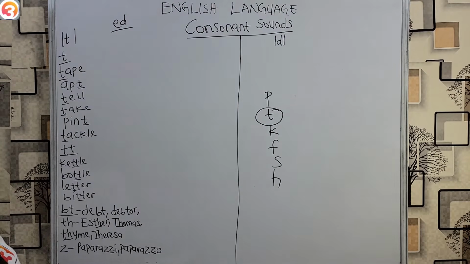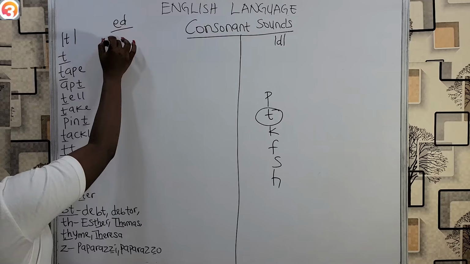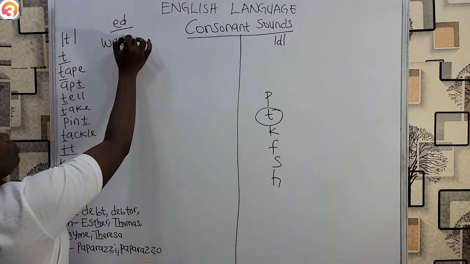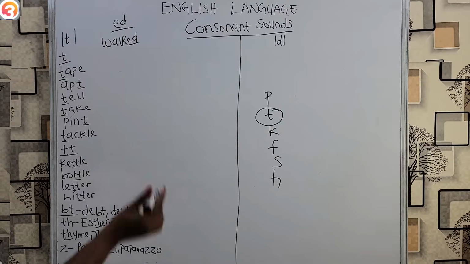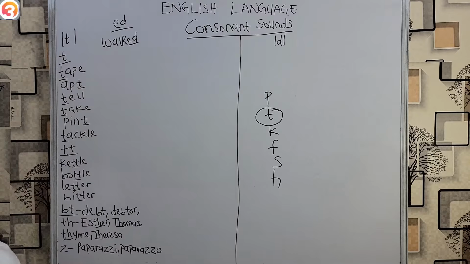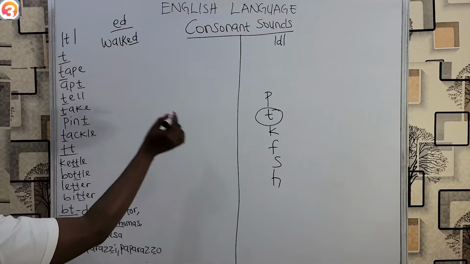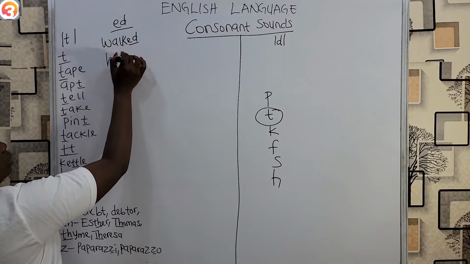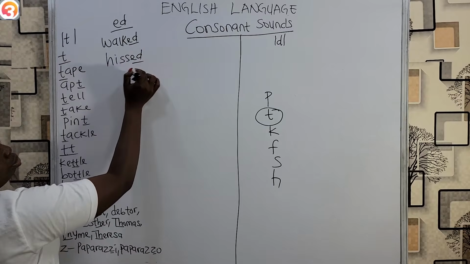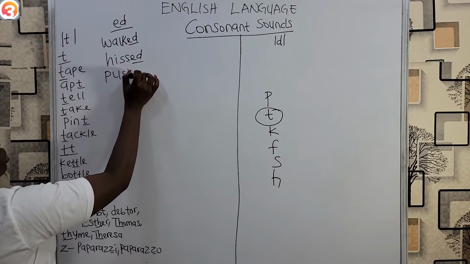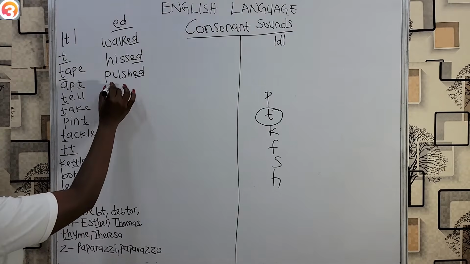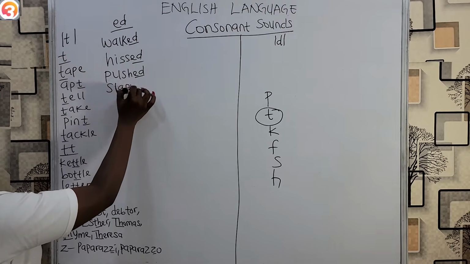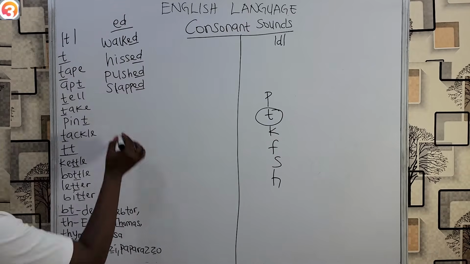For example, we have walked. The ED there, this isn't pronounced walk-ed, but walkt. So the ED there contains consonant T. Hissed, pushed, slapped, kissed.